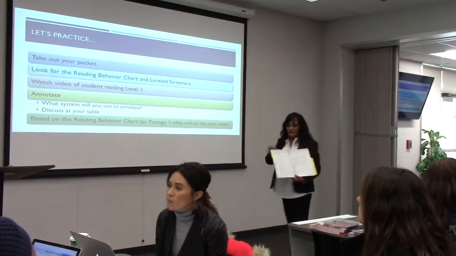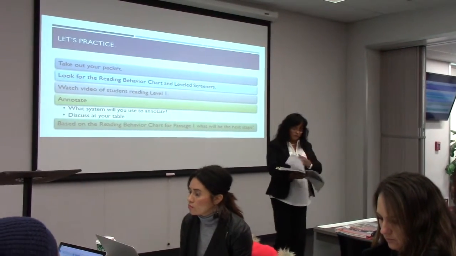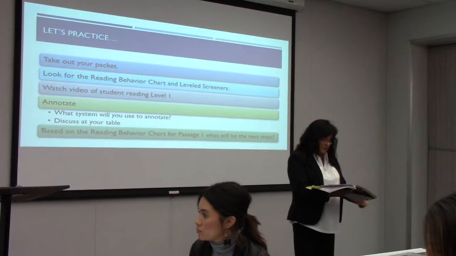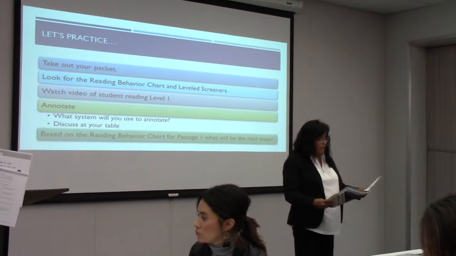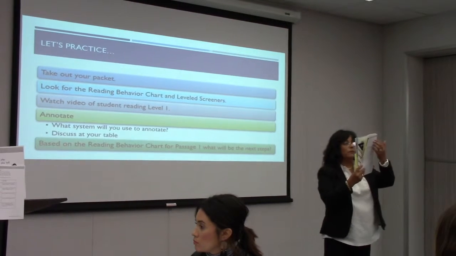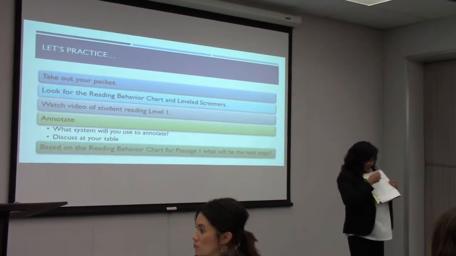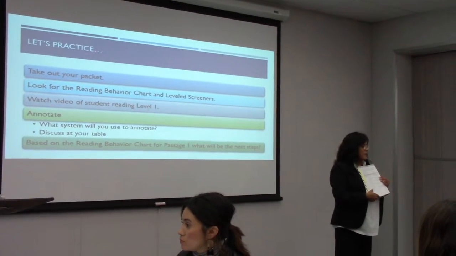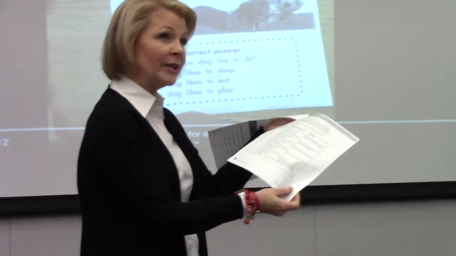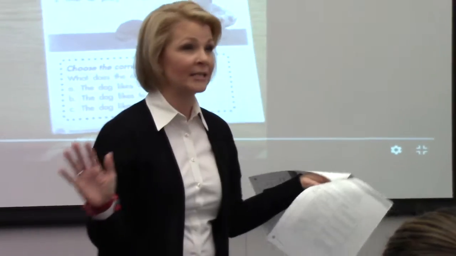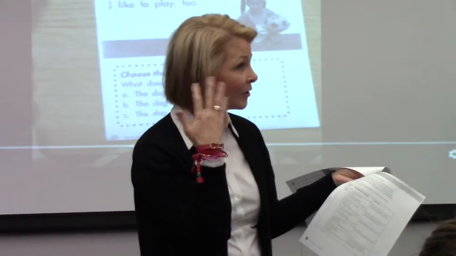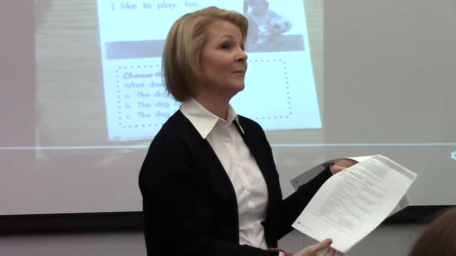Another recommendation is to have the screener and, as the child is reading, make notes on this observation too. We kind of have both. There are several ways you can do this. It doesn't take a lot of time, and you're actually sitting with your kiddo and being able to listen to them.